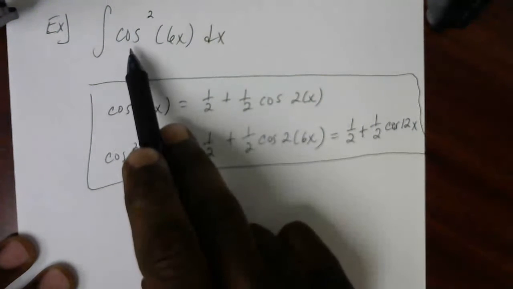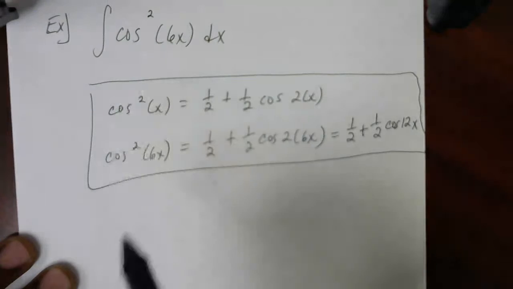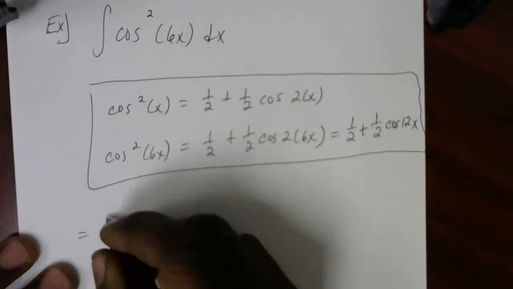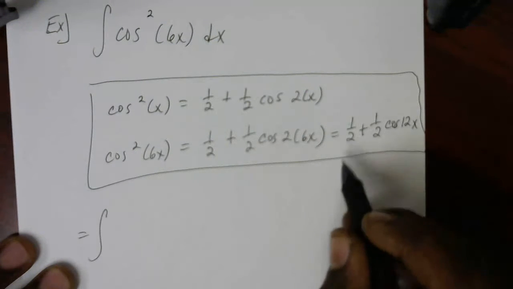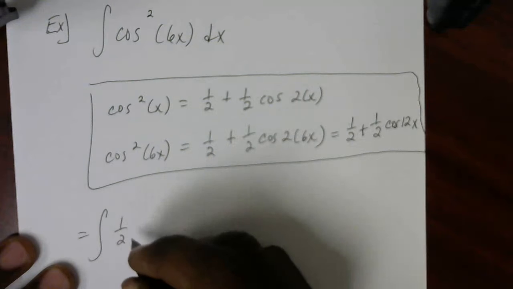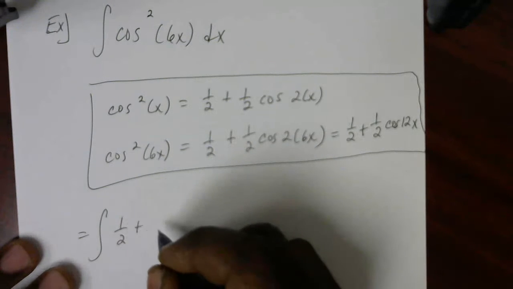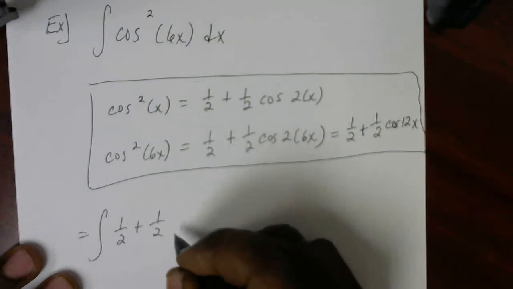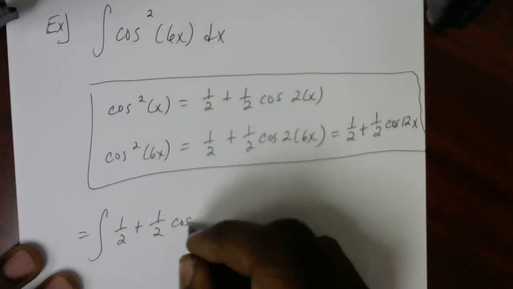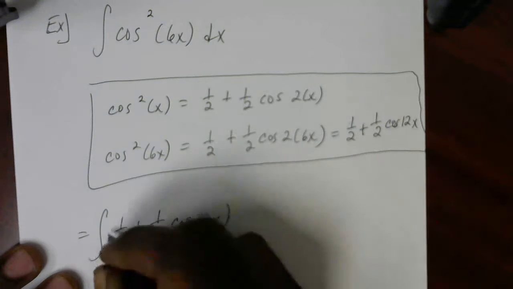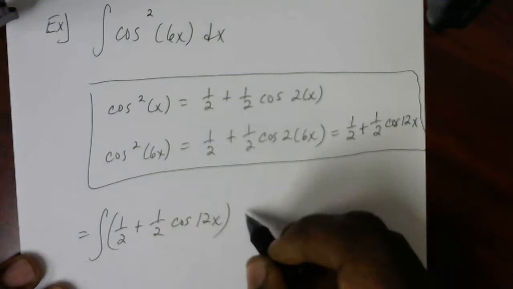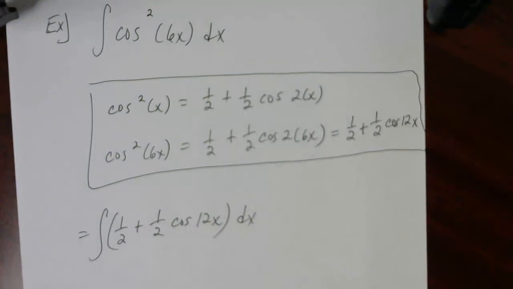So this allows me to rewrite this integral as the integral of 1/2 plus 1/2 times the cosine of 12x dx.